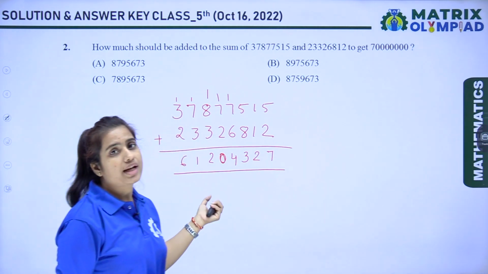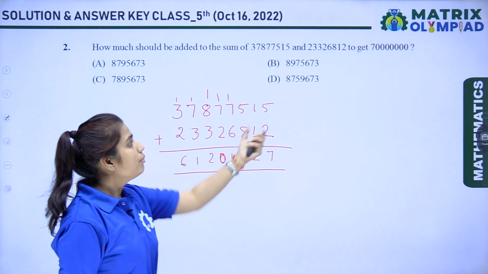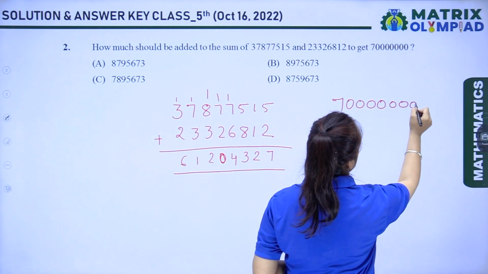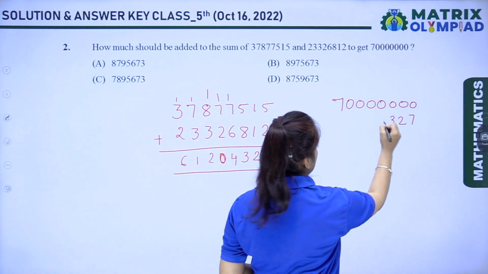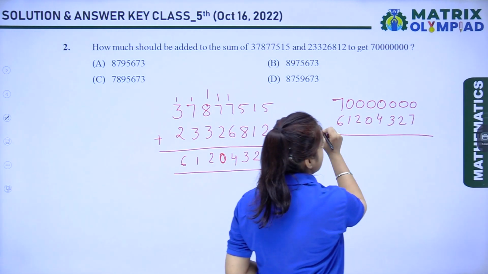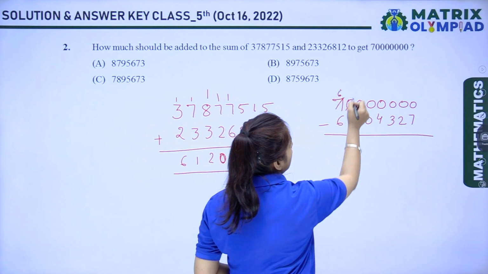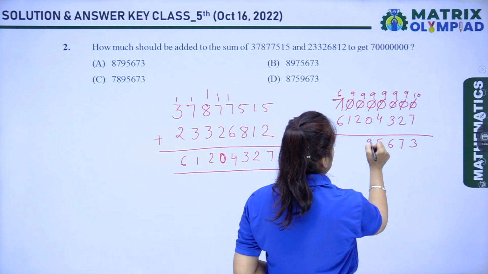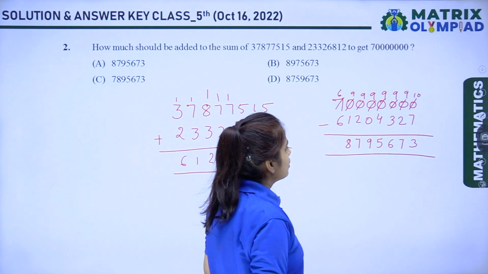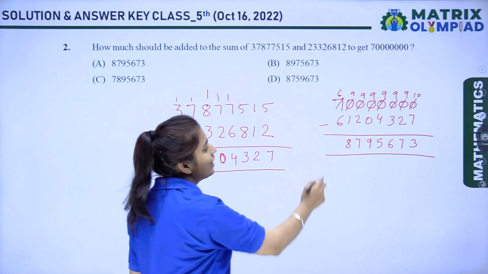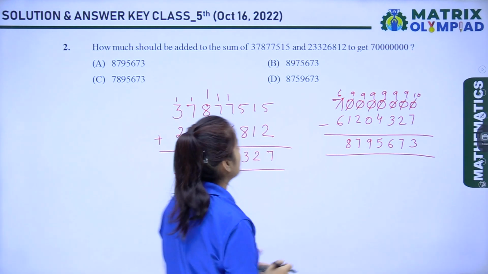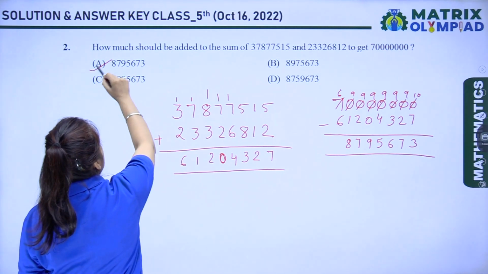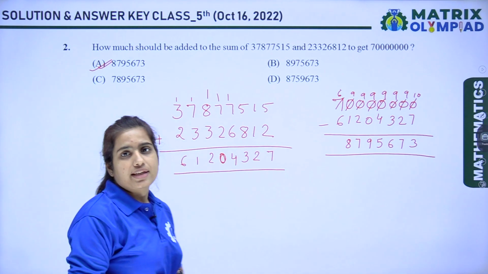Now we have to subtract the sum from 7 crore. It's 87,95,673. So according to the options, option A is the correct answer.